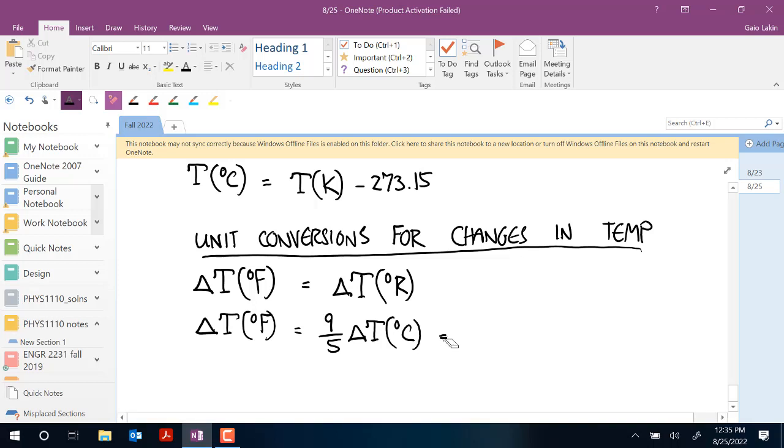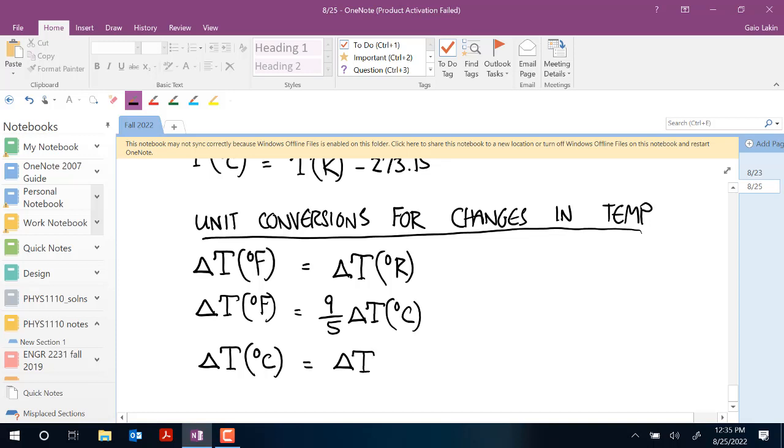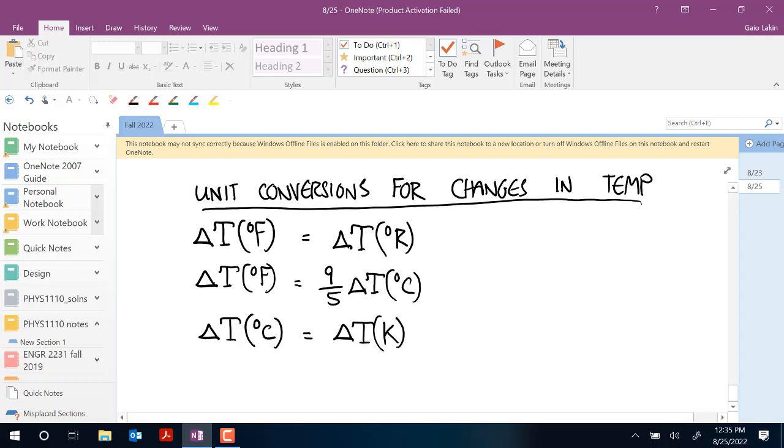And a change in the temperature in Celsius is the same as a change in the temperature in Kelvin. Okay, so when you see temperatures, you need to know whether you're talking about a change or temperature as a property. Any questions about that?